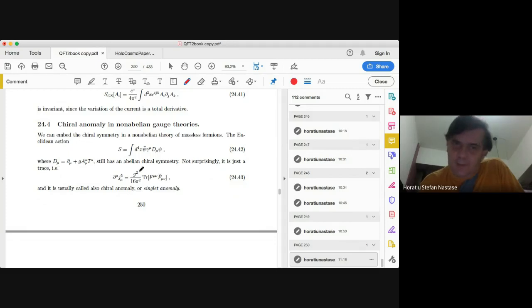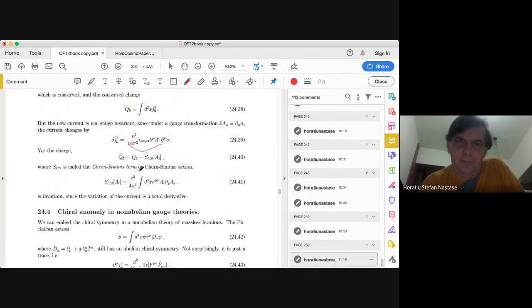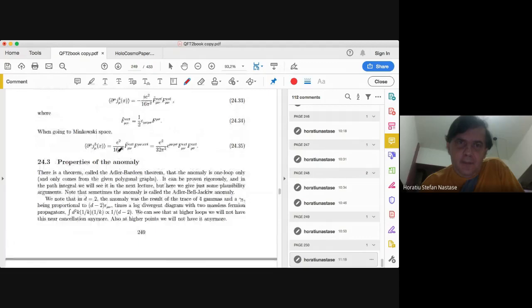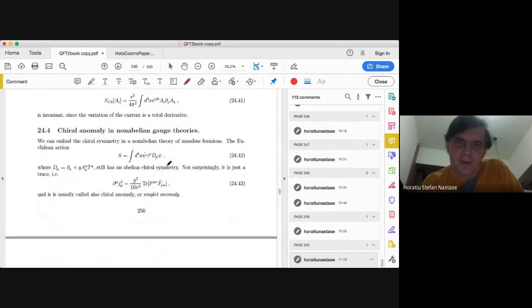So this is what the result is: the trace of the non-abelian version of this result. Because of that, this anomaly is sometimes called the current anomaly, but sometimes the singlet anomaly.